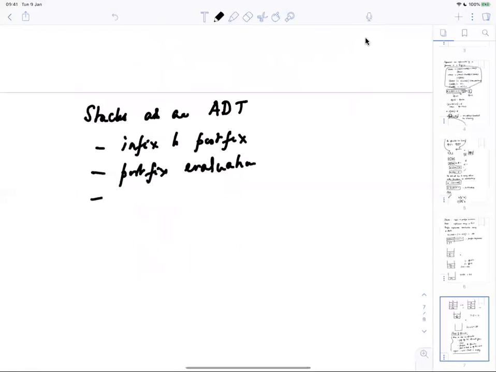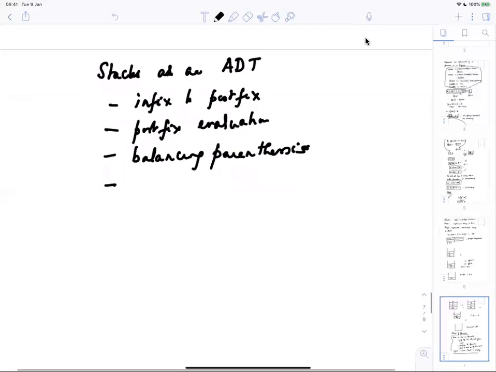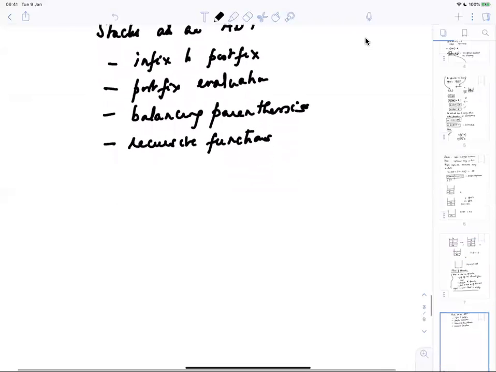And then you've seen balancing of parentheses. Then anything that has a left and a right, and there is some kind of order in that, can be processed using stacks. Then we said recursive function calls. Why recursive function calls? Because the most recent function call has to be evaluated first, as we saw in many recursive functions.